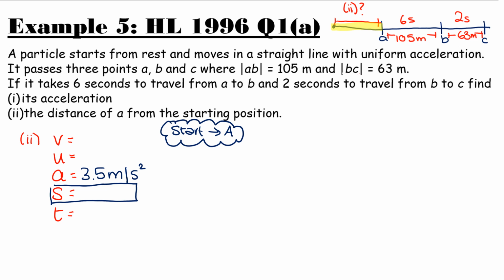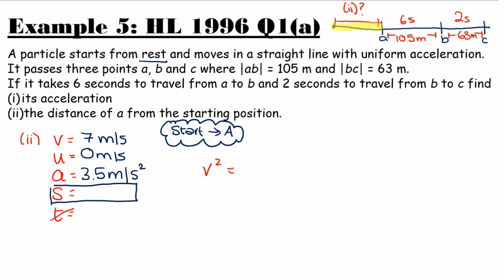So we know that this particle starts from rest, and we've already worked out the speed or velocity when the particle is passing A. We worked that out as our U, but for this section, it's our final velocity, so it's our 7 meters per second. So we actually have all the information we need now, and we're going to work with the formula without t.